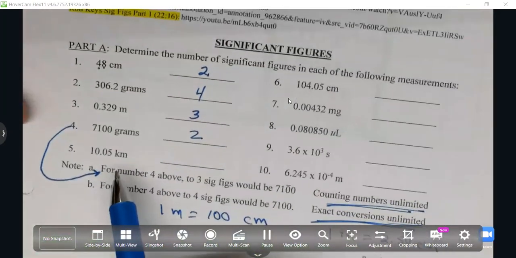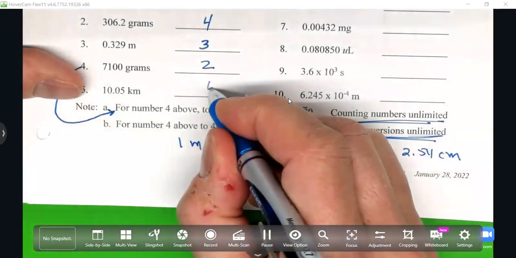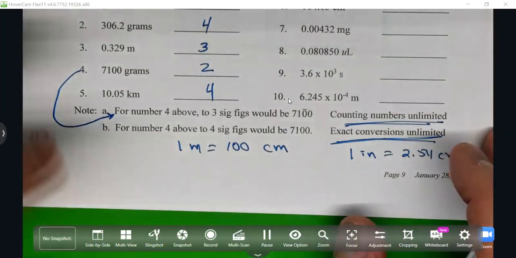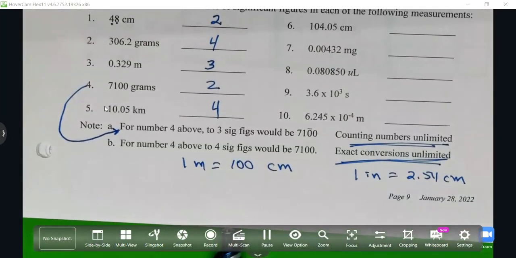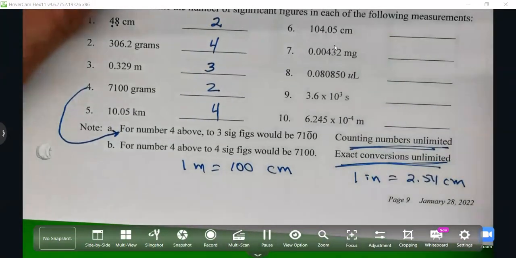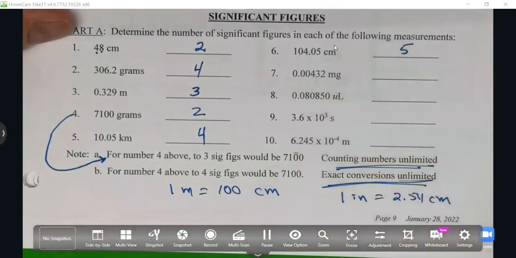All right, in number 5, how many good numbers? We've got 4 good numbers, right? Number 6, 5 good numbers.